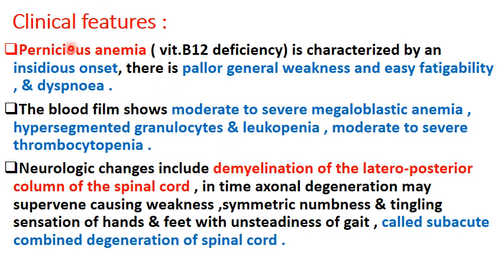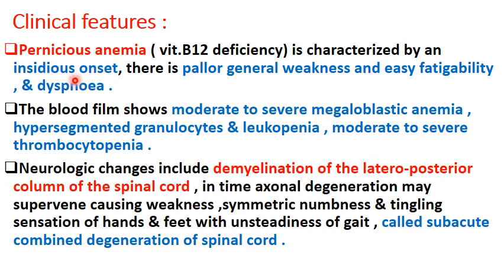The clinical features of the patient with megaloblastic anemia: pernicious anemia with vitamin B12 deficiency, which is due to an autoimmune antibody produced against the parietal cell, which is important to secrete intrinsic factor. The clinical feature is characterized by insidious onset, as we said. It is not acute nor abrupt.